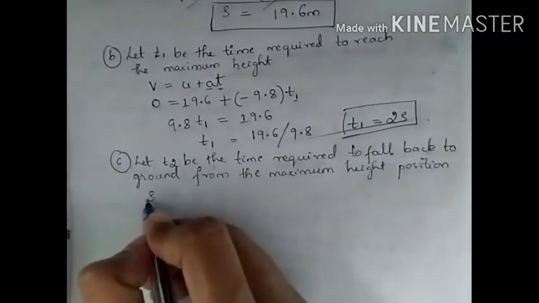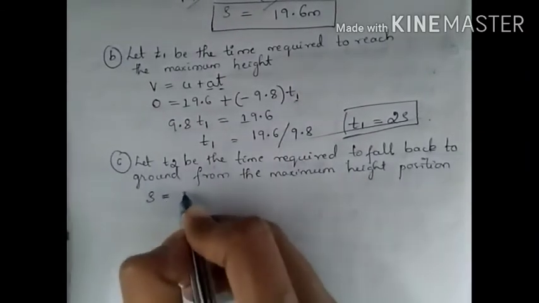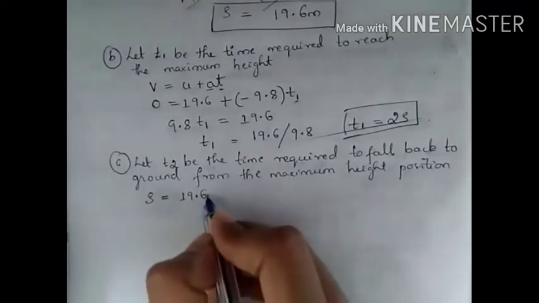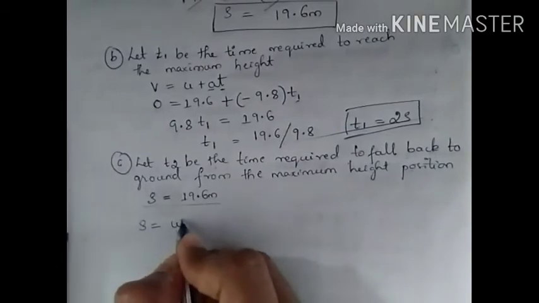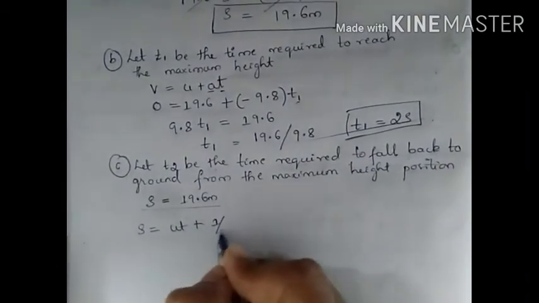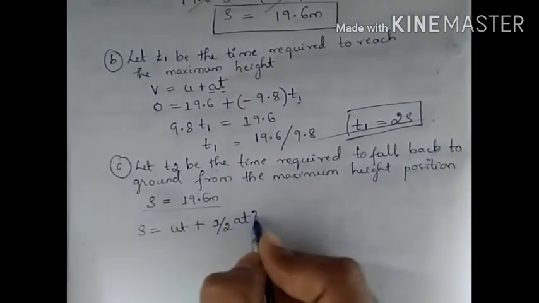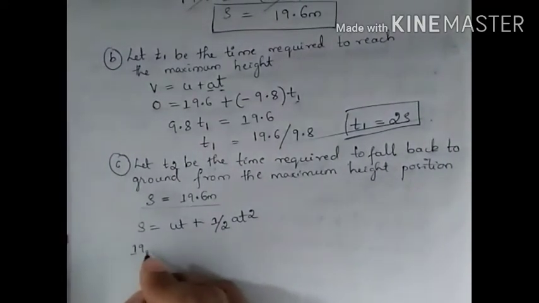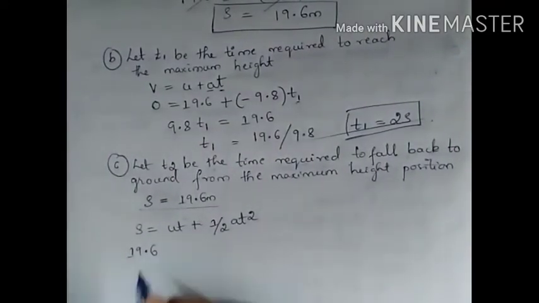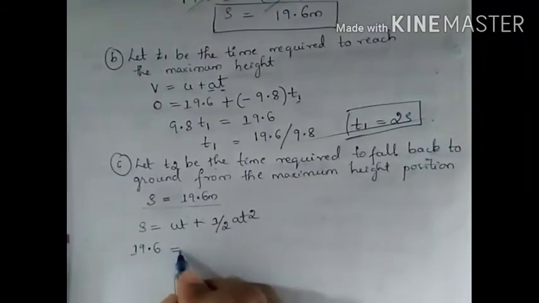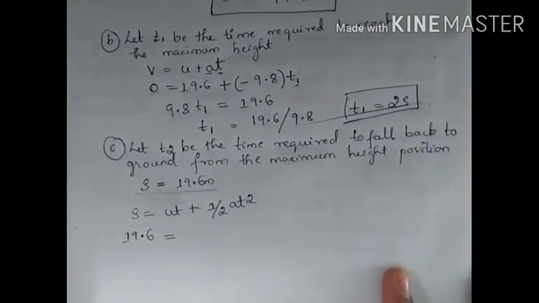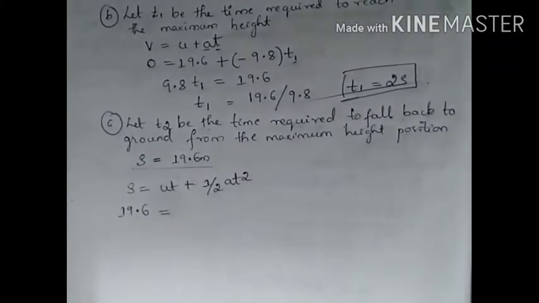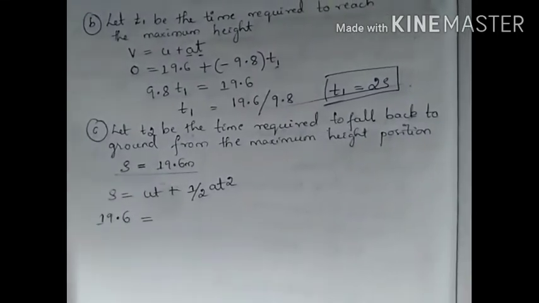But we know what is S, that is maximum height reached is 19.6 meters. So from this data we can use S is equals to ut plus half at square, and S is known to us, which is 19.6 meters. U is again 0 because the ball, when it reaches the maximum height, the velocity of the ball will become 0.